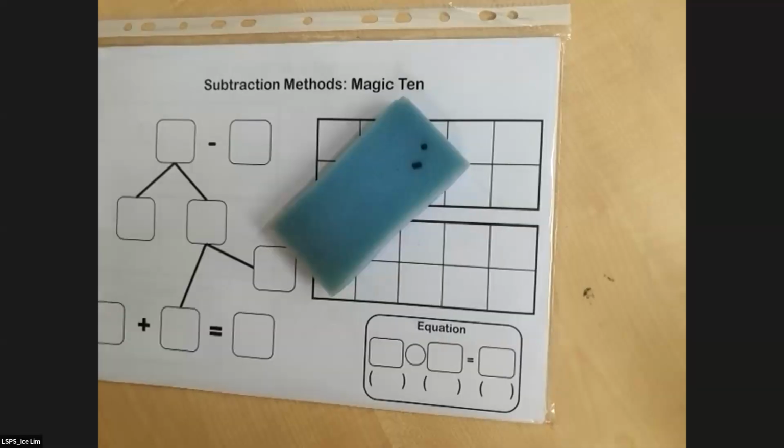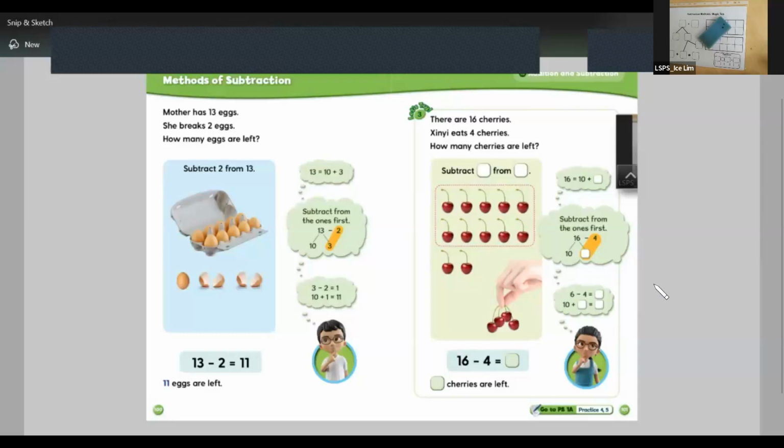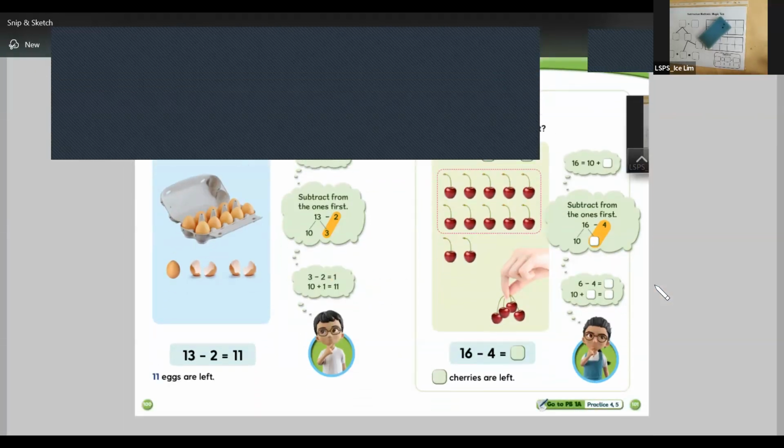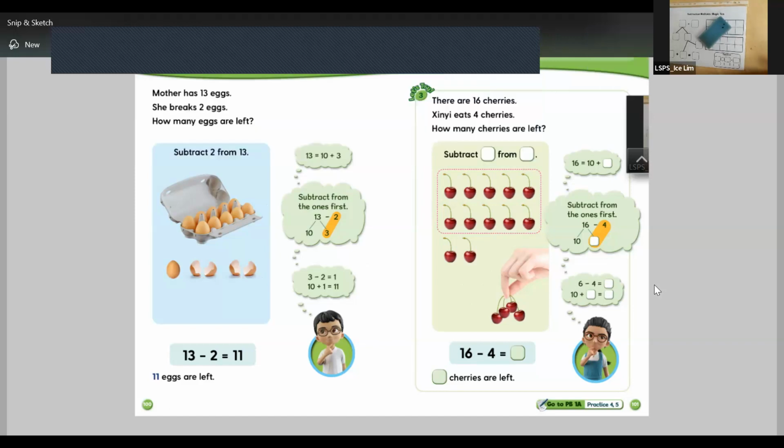On page 100 and 101, I'm looking at our page 100 now. Before we do with the cubes, I'll tell you the strategies that are shared here.